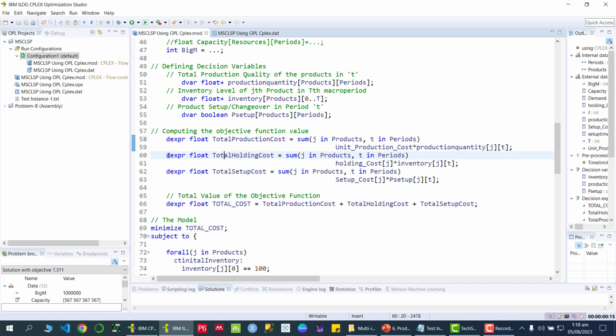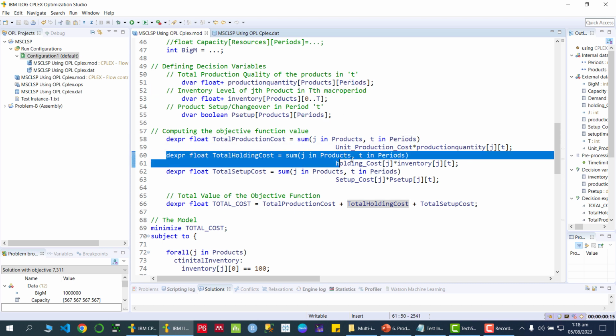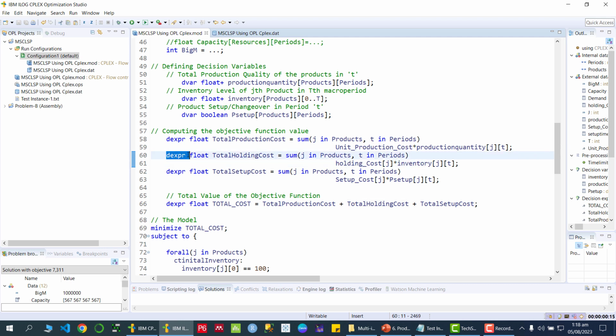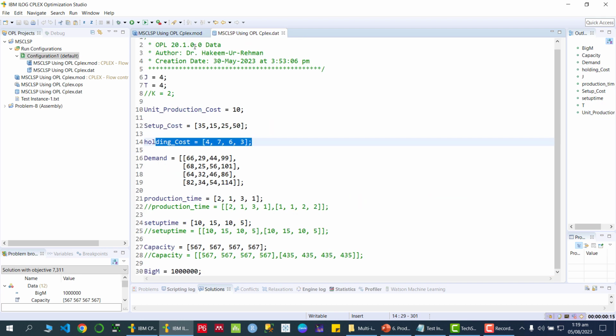Similarly, we are now defining the total holding cost in a similar way. So again I'm defining dexpr float total holding cost, sum over j in product, t in period, of holding cost, because the holding cost for every particular product is different.